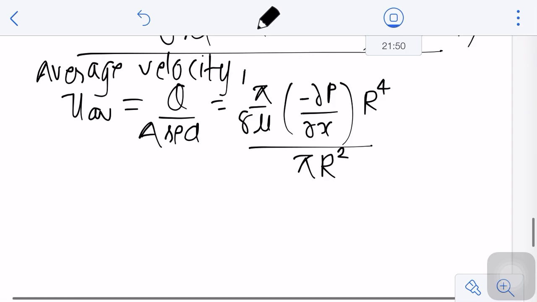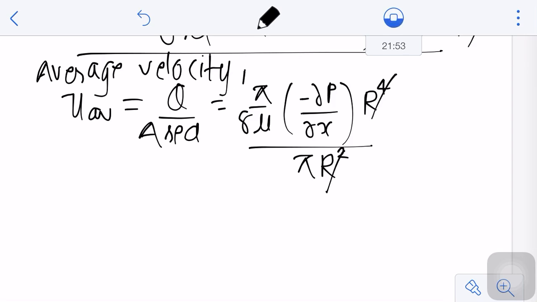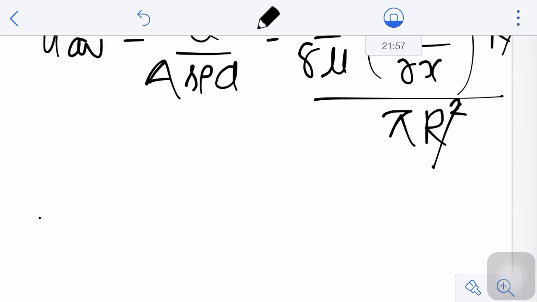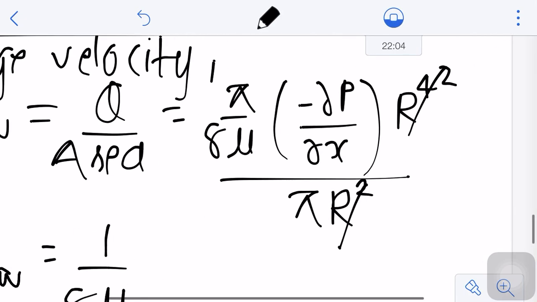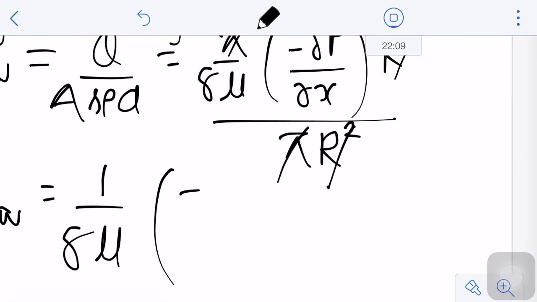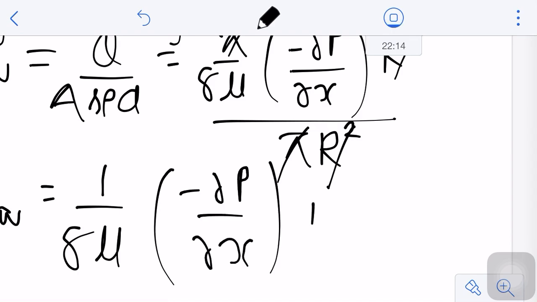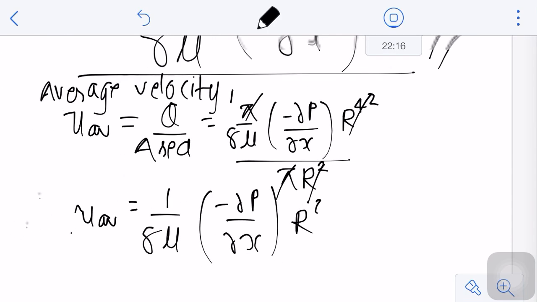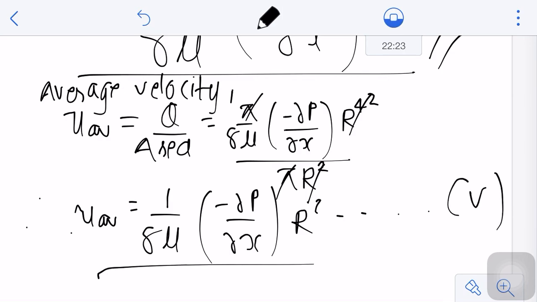So this R square and R raised to 4 will get cancelled, so here it will become R raised to 2. Therefore this equation will look like u average is equal to 1 upon 8 mu, because we can also get rid of this pi, 1 upon 8 mu minus ∂p upon ∂x into R square. So this equation will give you the idea about average velocity.